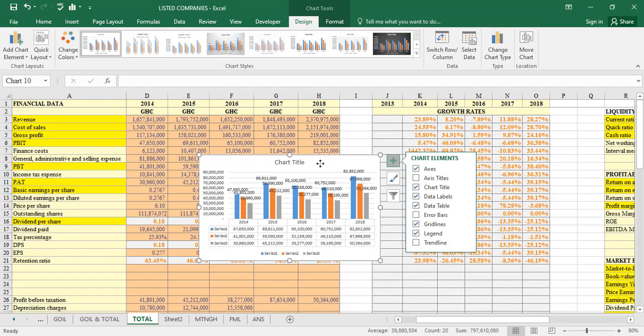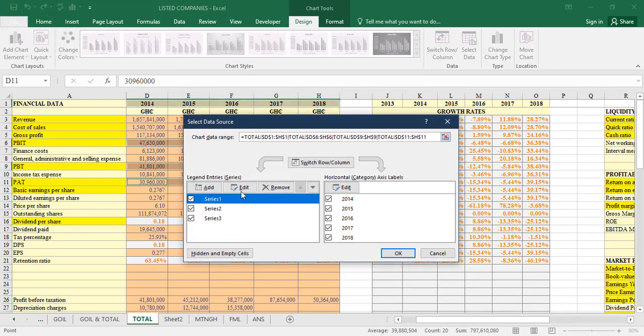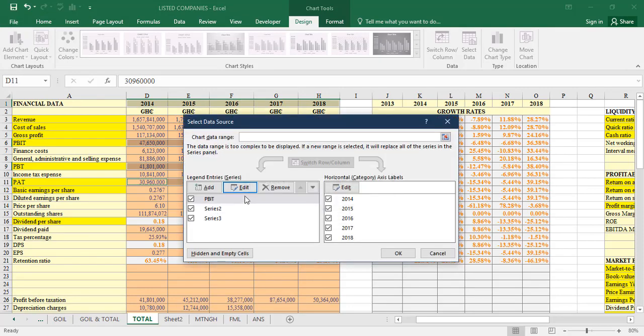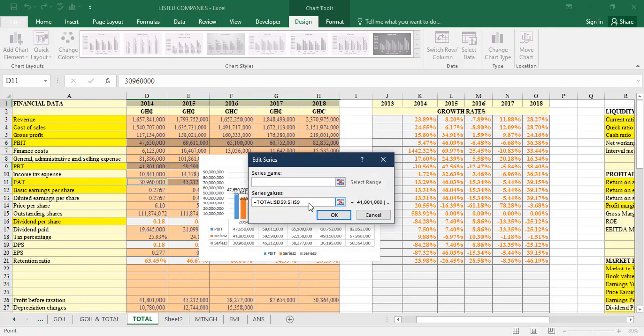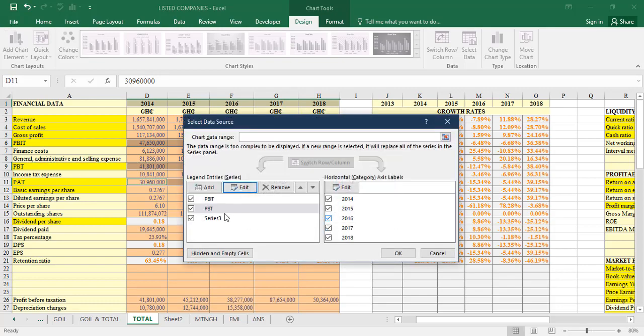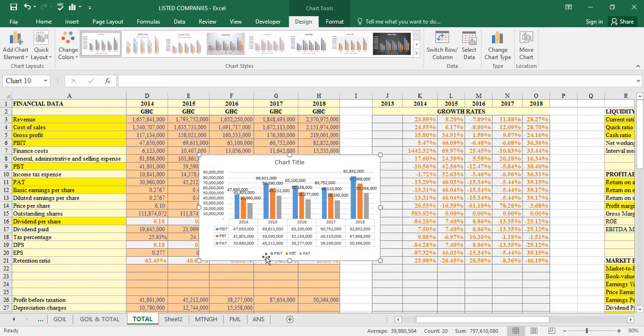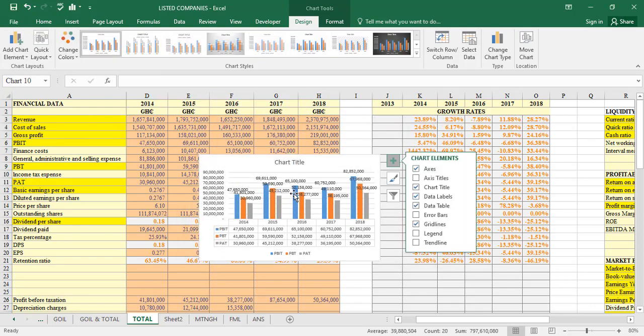Exhibit the data labels, rename them. So we have series 1 to be the PBIT, that is profit before interest and tax, also known as earnings before interest and tax. Then we have series 2 to be PBT, that is profit before tax or earnings before tax. Then we have the last one, which is profit after tax or earnings after tax, also known as the net profit of the company.